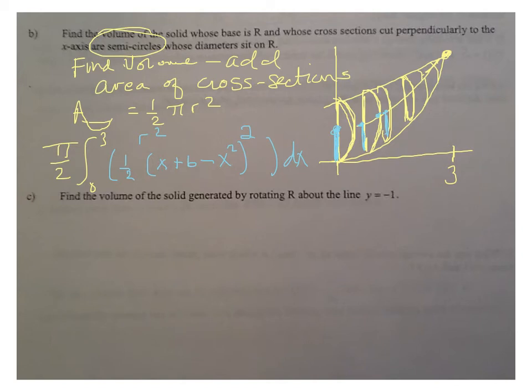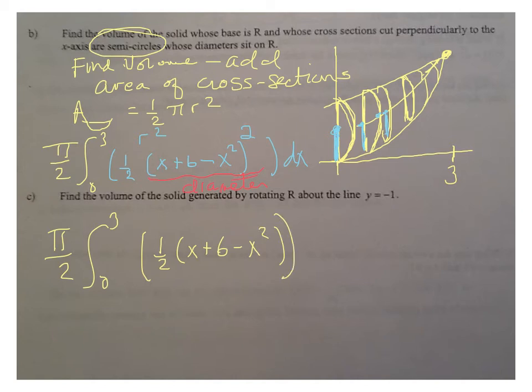As I have it right now, I'm actually squaring the diameter. So I need to change that a bit. It really should be pi over 2, the integral from 0 to 3 of 1/2 times x plus 6 minus x squared, this whole thing squared. What I was doing was missing squaring this half where I had my parentheses. So you and I both need to be careful about that.